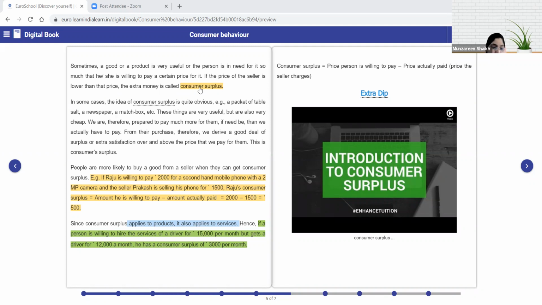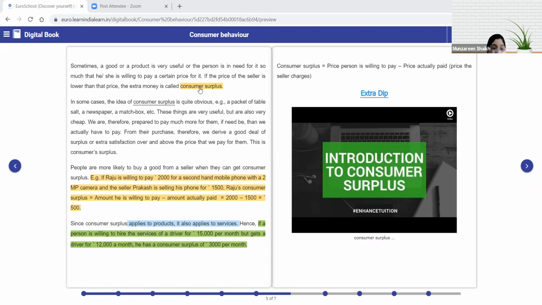Consumer surplus can be found in the area above the price and below the demand curve. Consumer surplus can be calculated using the formula of the area of the triangle. So these are all the conclusions: if you want to find consumer surplus, you will first calculate the difference.